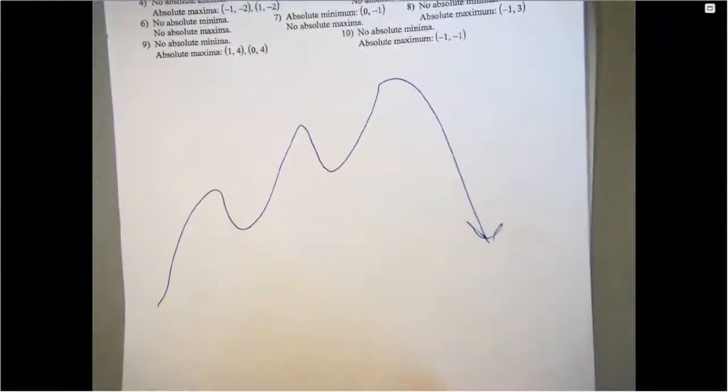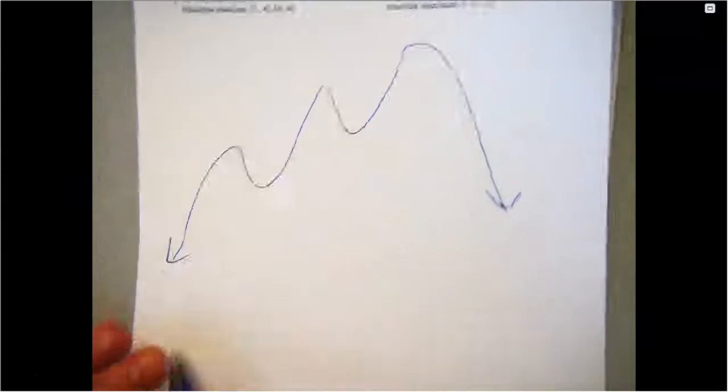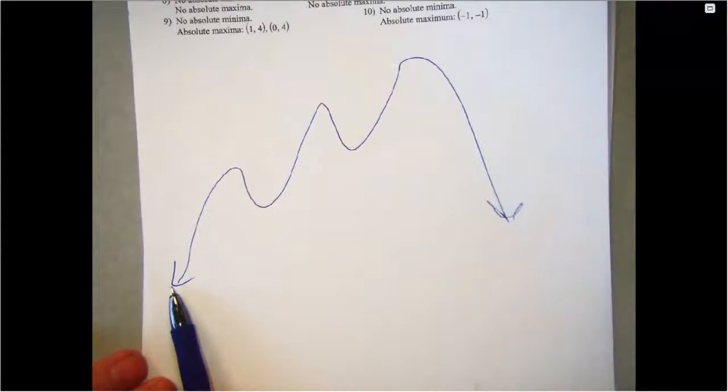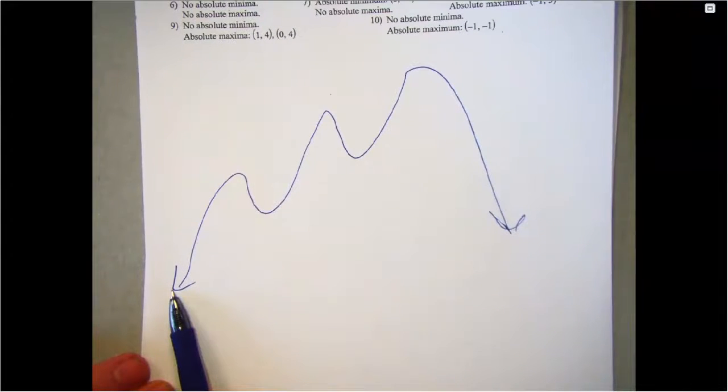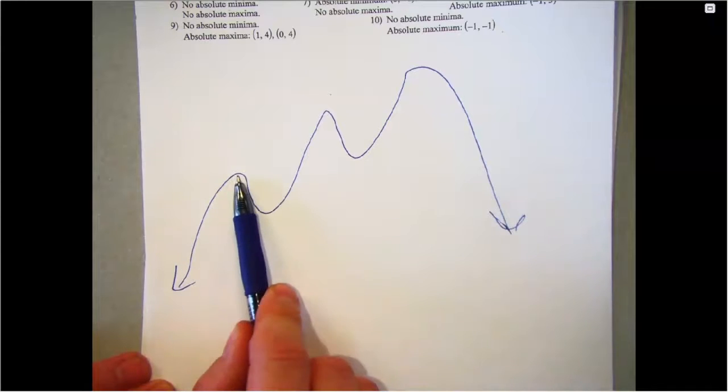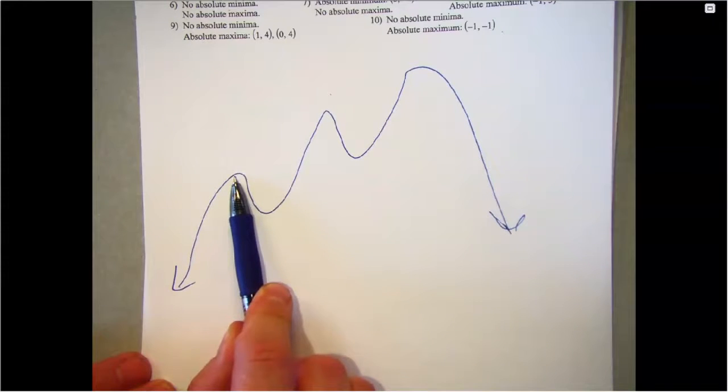So here, let's look at this one. Set this graph. Just stay with me for a second. Is there an absolute min? Like I can say that is the lowest point of the entire graph. No. A relative max or a local max.